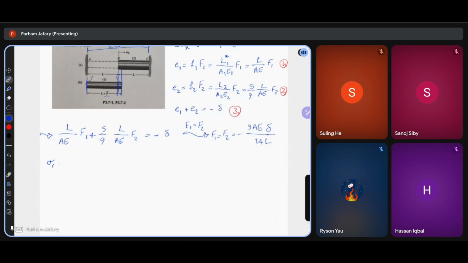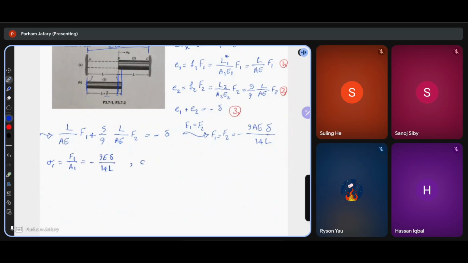So sigma 1 is equal to F1 over A1, equal to negative 9E delta divided by 14L.